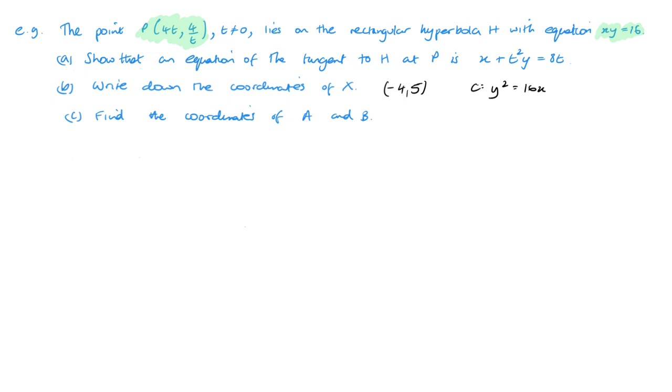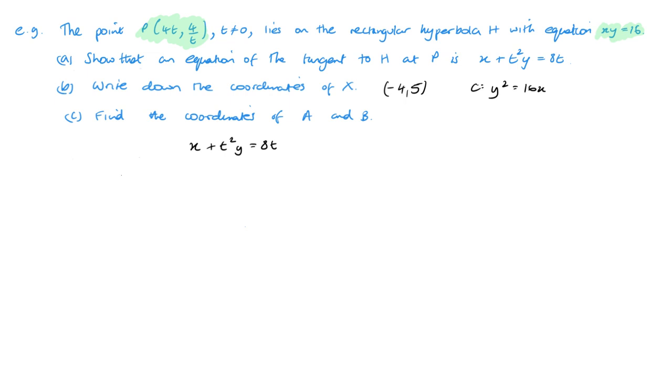Now, A and B are the points where the tangents to H go through X. And this is the equation of the tangent to H, so that's where we're going to start: x plus t squared y equals 8t.